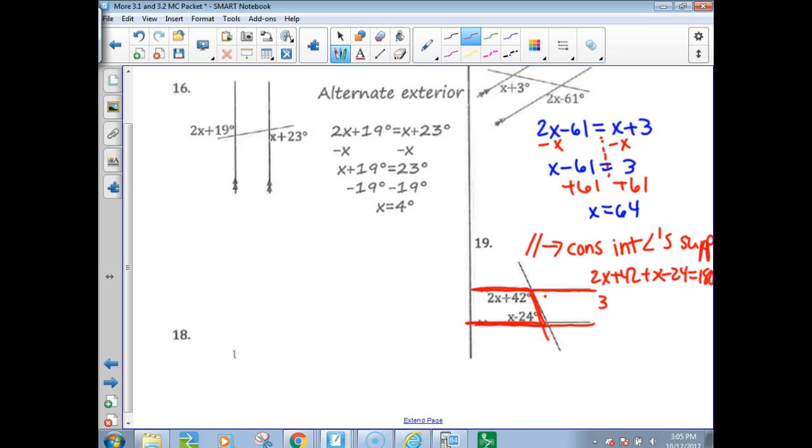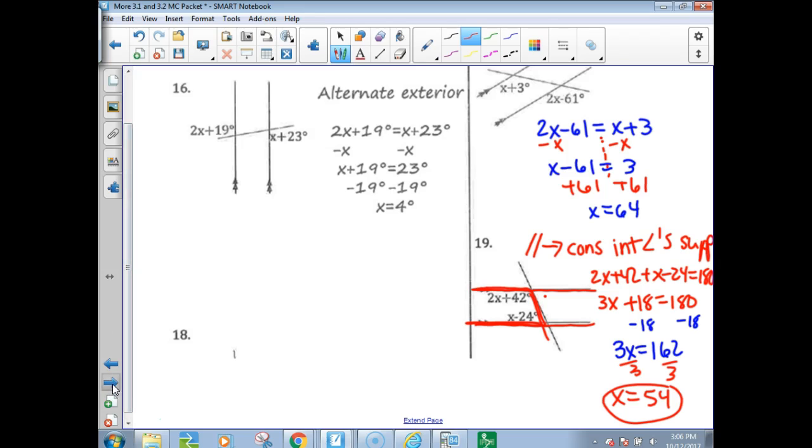You could have done 3x, 42 minus 24 is 18, plus 18 equals 180. And then continue to solve it. So 3 times x is 162, and we divide by 3. You get 54. That's how you do that one.